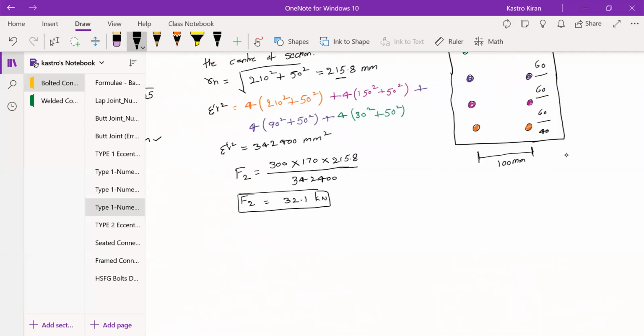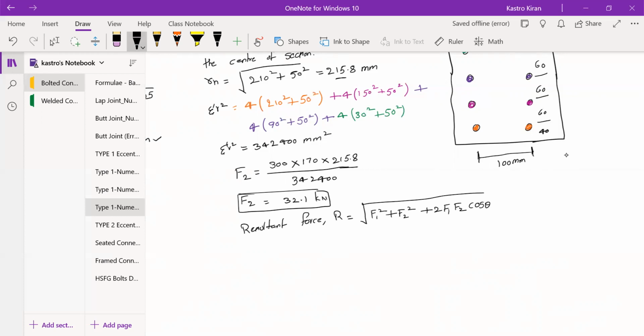Now let's find out the resultant force. Resultant force R equals the square root of F1 square plus F2 square plus 2 F1 F2 cos theta. This is the formula to find the resultant force.